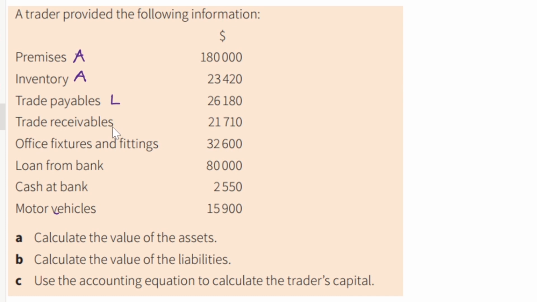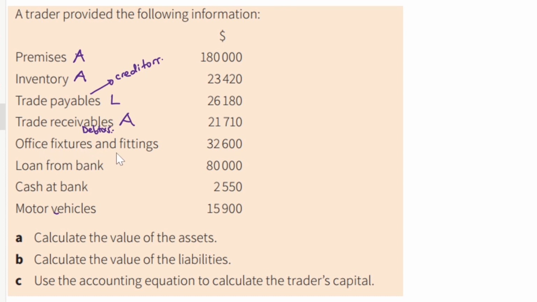These are what we call trade receivables, and it is an asset. It is your money. The other name for trade payables is creditors. The other name for trade receivables is debtors. That's just a small necessary detail.